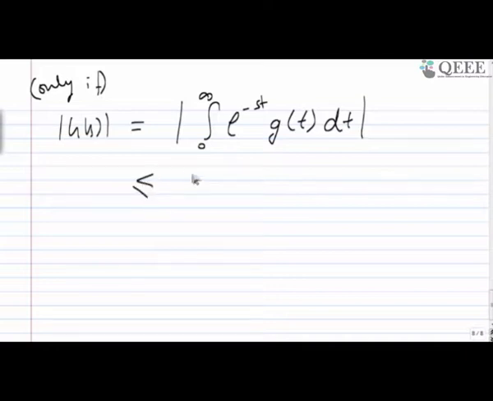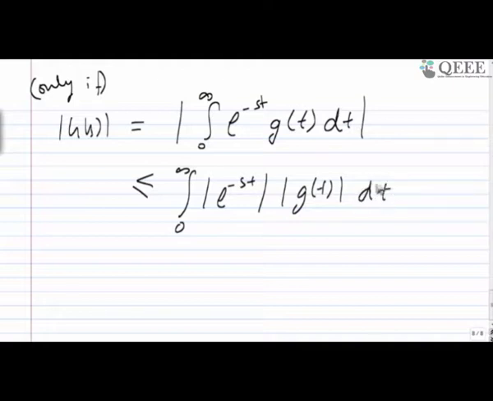This would be less than or equal to, if I take the mod inside, the integral of e to the power minus st mod g of t dt.